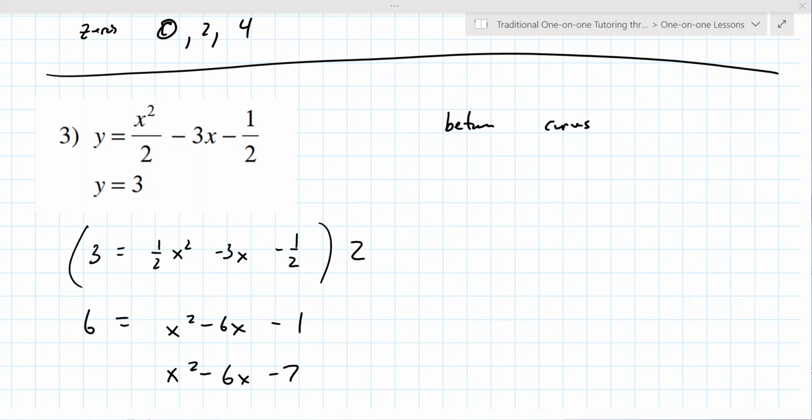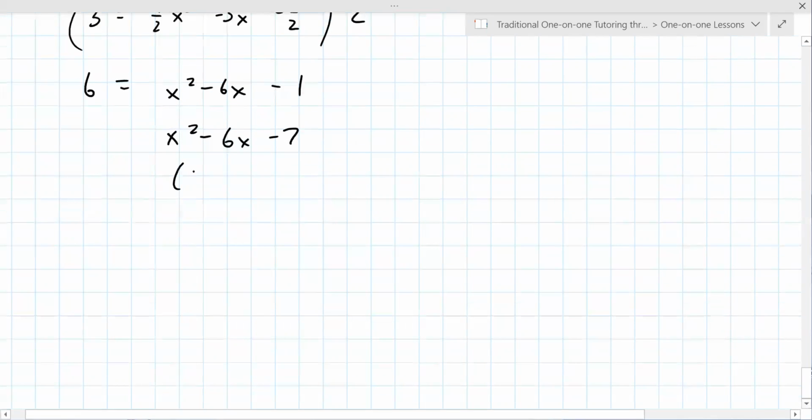That factors into x minus 7, x plus 1, so 7 and minus 1 are your zeros, which means that's the bounds of your integral.